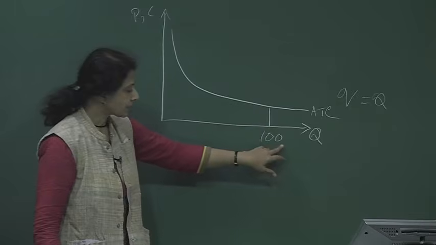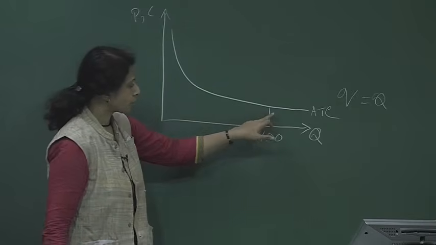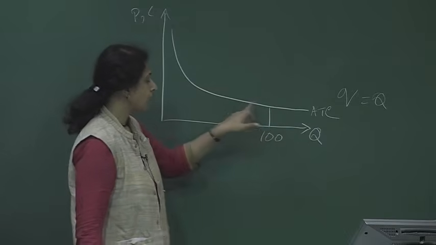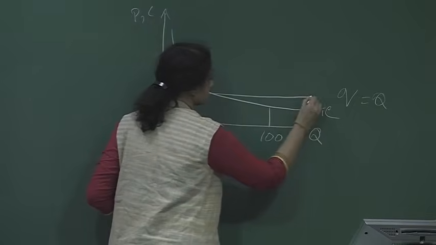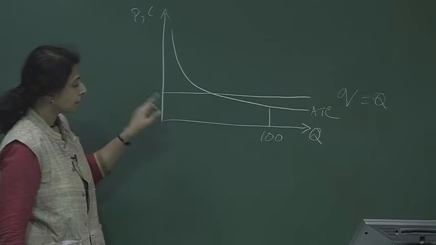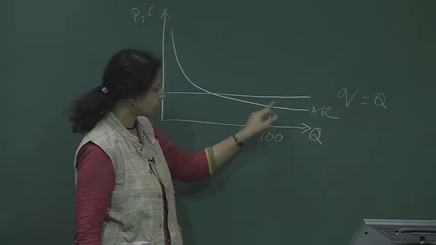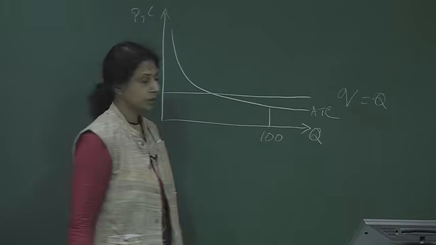When it is selling such a huge amount of units, its average cost comes down. Its average cost is as low as here, and in such a situation it is possible to charge a price somewhere here and even then make a profit, because average cost is lower than the price here, or even bring down the price even lower.